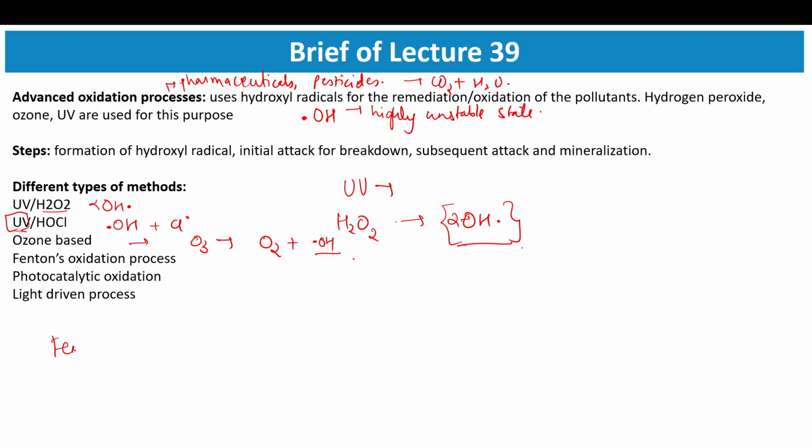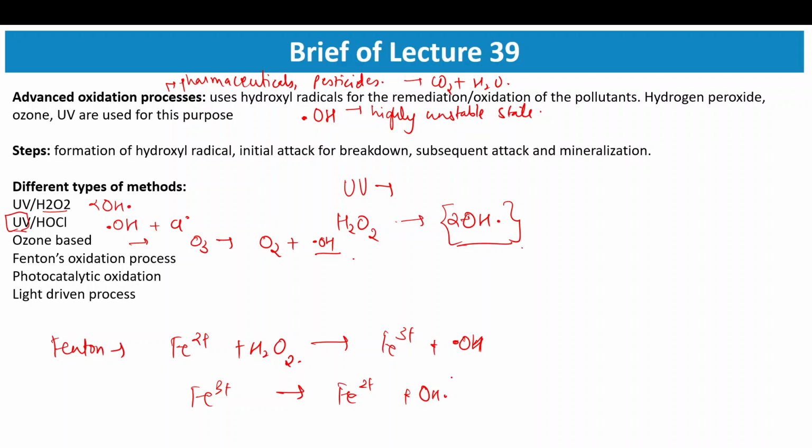Then coming to Fenton treatment, here you use Fe2+ with H2O2. Here you will get Fe3+ and OH radical. And again there is a cyclic reaction where Fe3+ will again get converted to Fe2+ and one more hydroxyl radical can be obtained. So depending on the reagents you are using, there can be different reactions taking place.